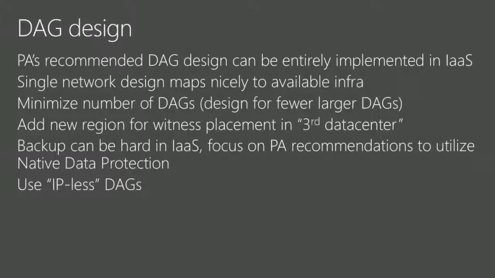We also really are going to recommend utilizing native data protection in Exchange. What I mean there is not running traditional backups. If you follow our guidance, you're going to have enough copies of your data across these Exchange servers to not have to worry about traditional backups. And running traditional backups in an IaaS provider can be a little challenging. So it's potentially nice to not have to worry so much about that.